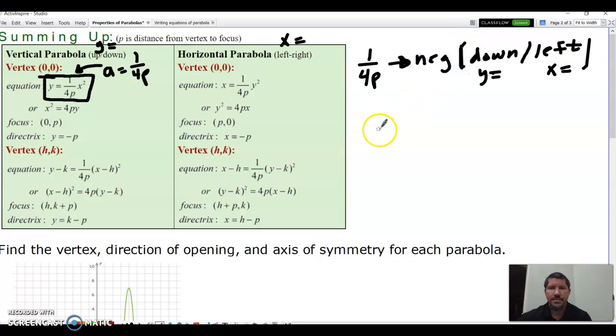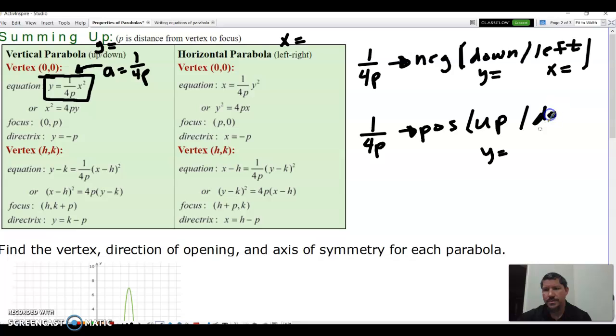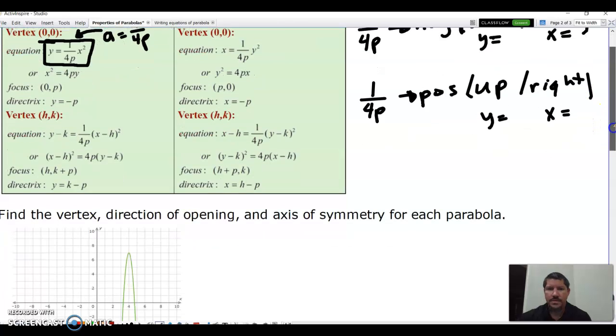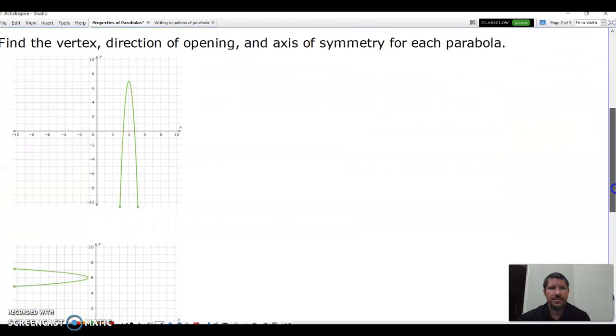That'll be important to think about in this unit. If 1 over 4p is positive, then we are opening up in y equals, or right in x equals. Okay, I do have to move a little quick because of time constraints.